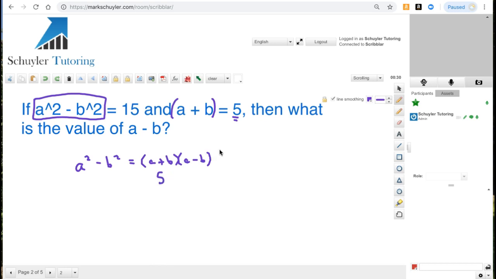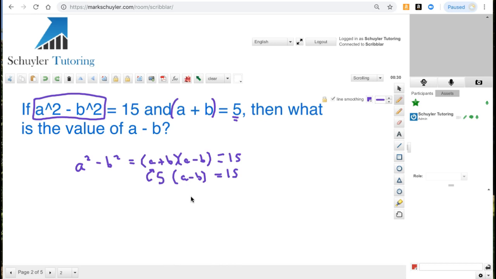Now the reason that's so important is we're told that a squared minus b squared is equal to 15. So let me put that in. So right now, if I do my substitution, 5 is equal to the quantity, I'll draw a little arrow, a plus b, then 5 times some other quantity is supposed to equal 15.